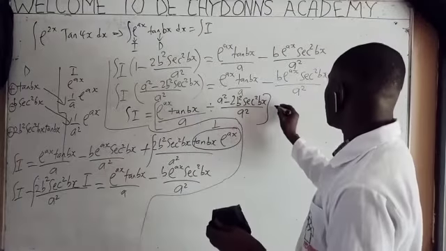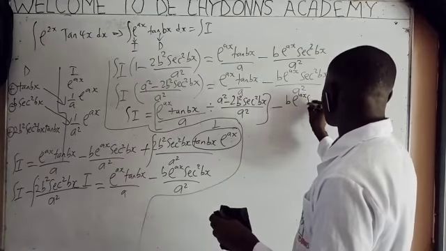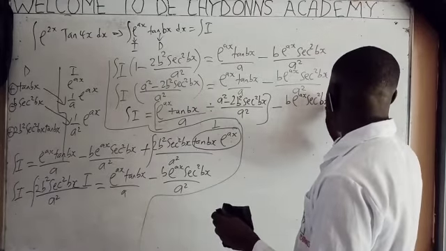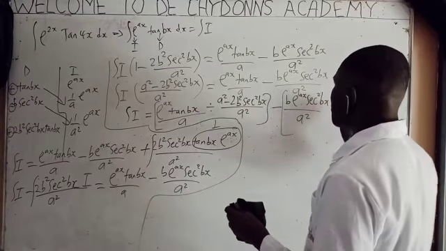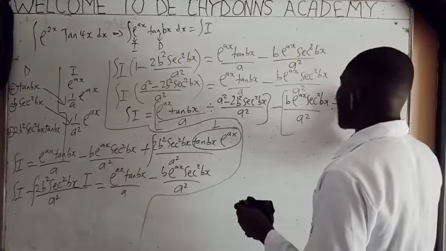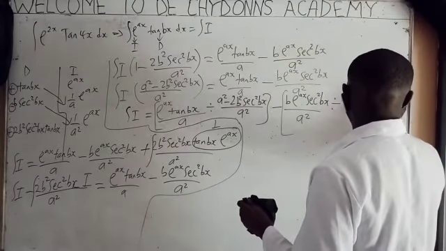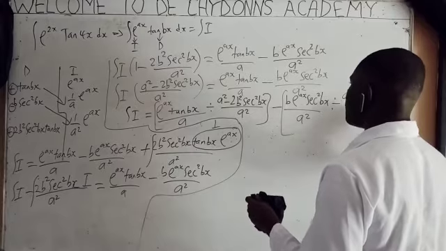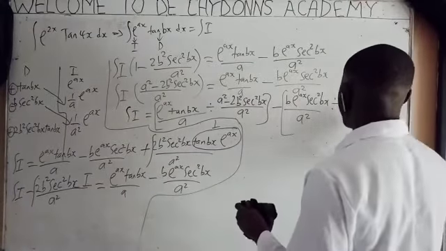Then what I will now do, minus b exponential ax sec square bx all over a squared divided by a square minus 2b square sec square bx all over a squared. Okay?